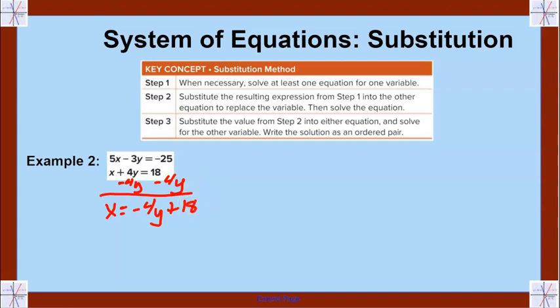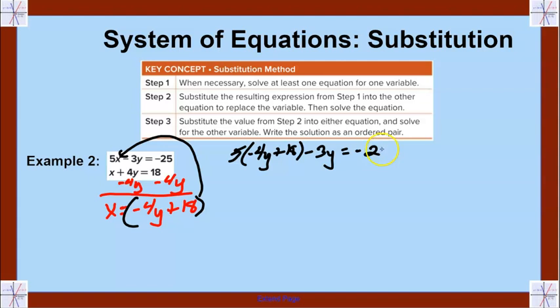And if that's what x equals, I'm going to substitute this in for this x up here so I can solve for y. So now I'm going to have 5 times (-4y plus 18), minus 3y equals -25.